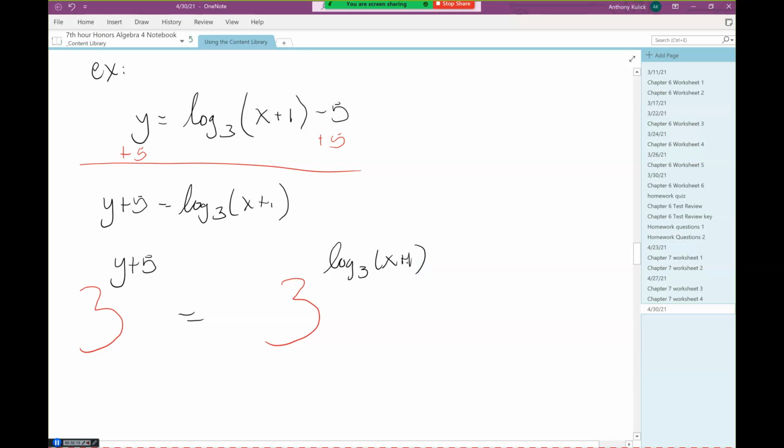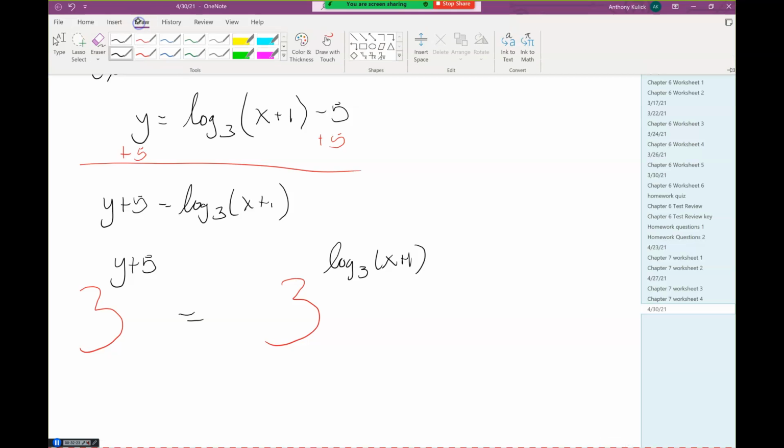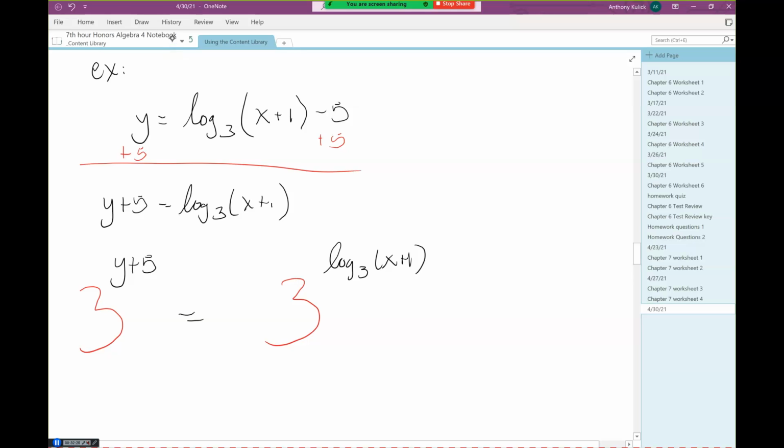So if you're going back and you're looking at this, you know that we're not multiplying by 3. Is everybody okay with that? It's a common mistake I see students make. But there's no multiplication going on here. It's an exponent base, which is very different. So that exponent base 3 cancels the log base 3.